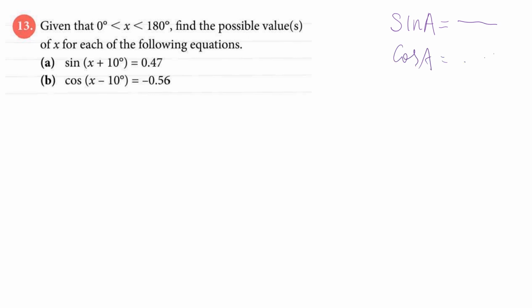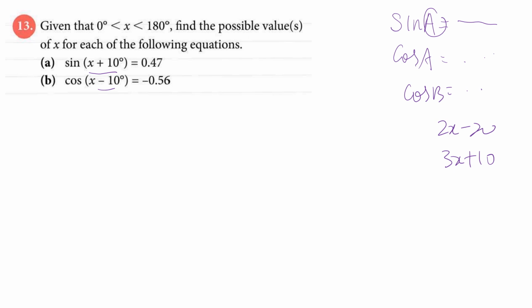What the question is trying to trick you with is, instead of just giving you a variable A or B, it gives you combinations like x plus 10, x minus 10, or sometimes 2x minus 20 or 3x plus 10, that kind of thing.